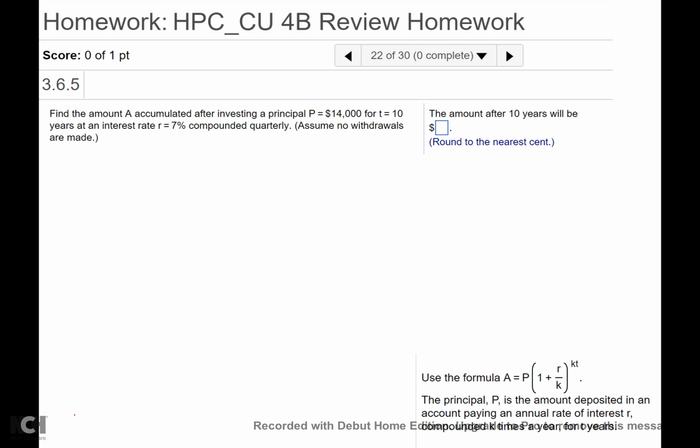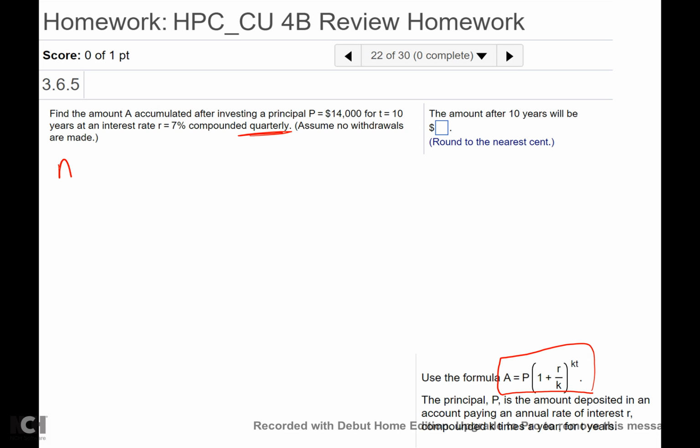Alright, it says find the amount A accumulated after investing a principal P for 10 years at an interest rate of 7% compounded quarterly. Quarterly means that you're not just compounding your interest one time a year, you're actually calculating your interest 4 different times during the year. So we have to use this formula instead, A equals P(1 plus r over k) to the kt.